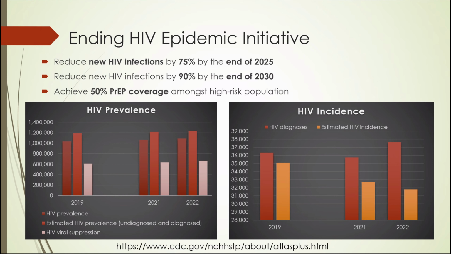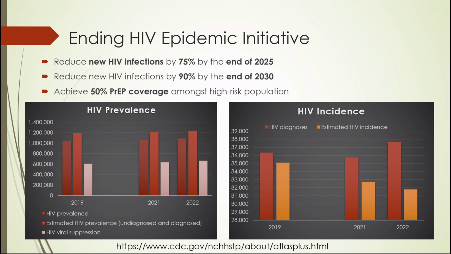These figures show what's happening in reality based on the CDC statistics. We can see the HIV incidence between 2019 and 2022 has decreased, but that decrease is not even close to the goals of the EHE initiative. It's just 35,000 in 2019 compared with 32,000 in 2022.